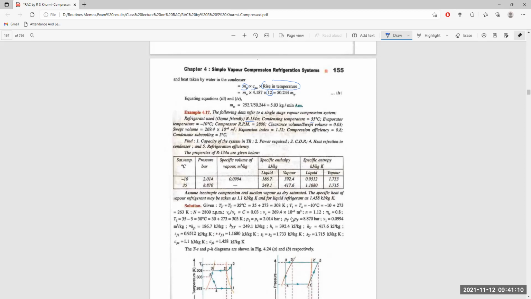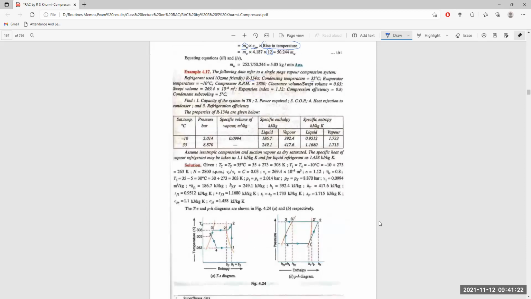So find out the capacity in ton, power required, COP, heat rejection to the condenser and refrigeration efficiency itself. Let us point out what parameters are given here.